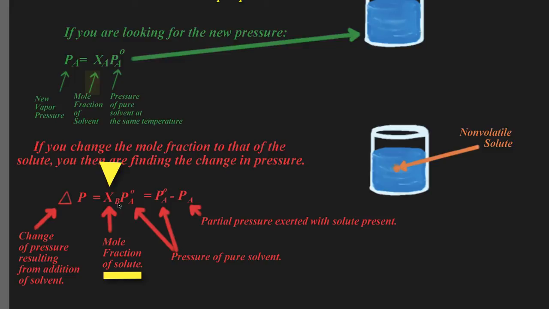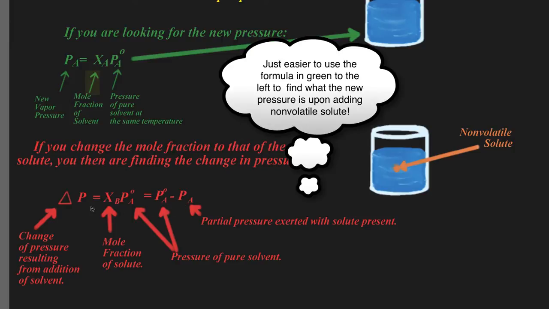So if you find the mole fraction of the solute times the partial pressure of the pure solvent, you would get the change associated with that partial pressure. And then once you get the change, let's say the second part of the question asks what the new pressure is, then you could take the pure solvent pressure minus the change you found to get the actual pressure you're looking for.